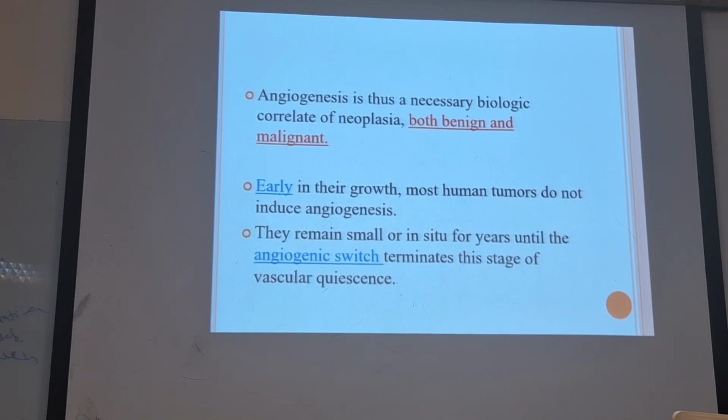Angiogenesis is a necessary biologic correlate of neoplasia, both benign and malignant. Early in the growth of a tumor, most human tumors don't induce angiogenesis. They remain small or in situ for many years until the angiogenic switch terminates this stage of vascular quiescence.